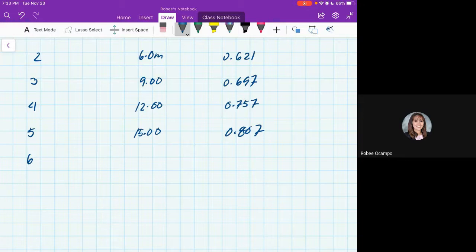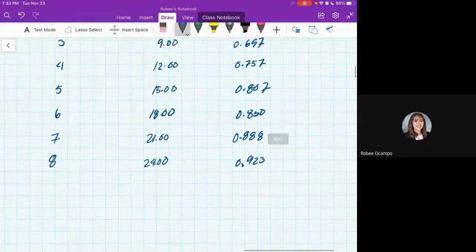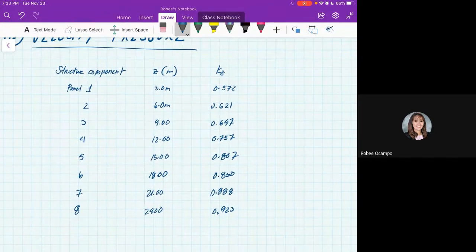Panel 6 is 18 meters. So that's 0.850. Panel 7 is 21 meters. Our KZ will be 0.888. And finally, the panel 8 is above 24 meters. So our KZ would be 0.923.